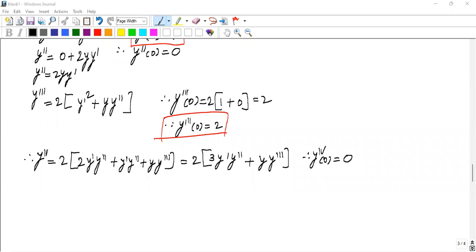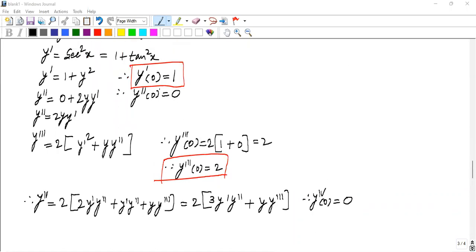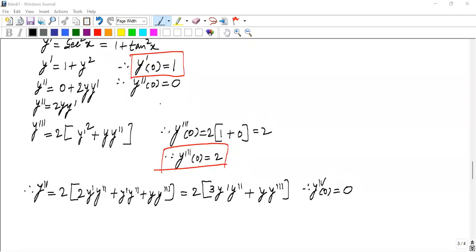So if the fourth derivative is 0, how many terms have we obtained yet? This is the non-zero term. This is the non-zero term. So we got only 2 non-zero terms. And in case it is being lengthy, here you can see the next derivative. Okay, so what is the next derivative? We have y5. So we have to find the fifth order derivative.